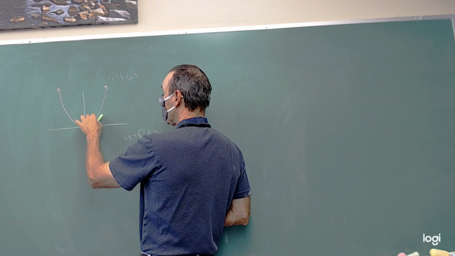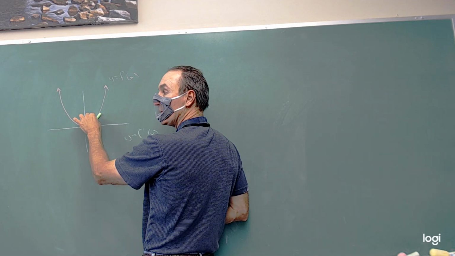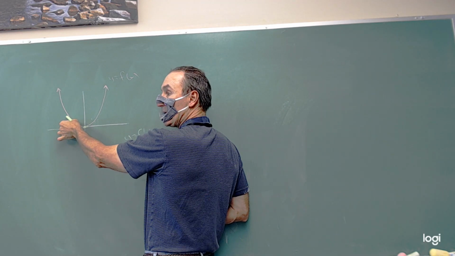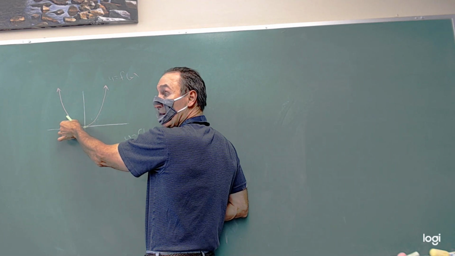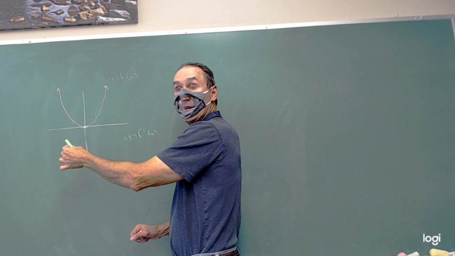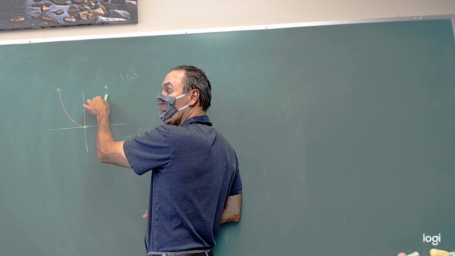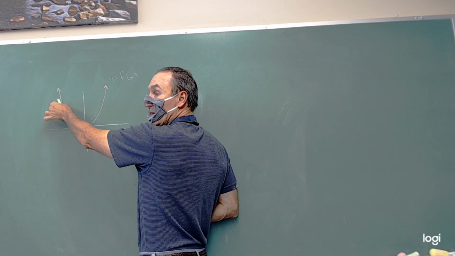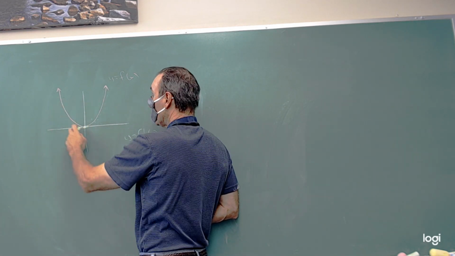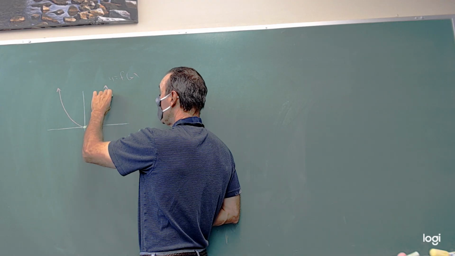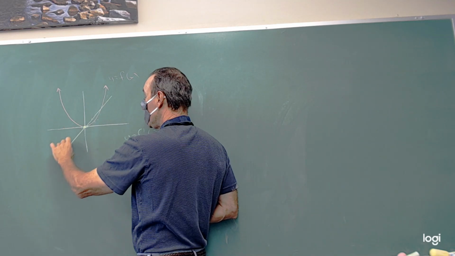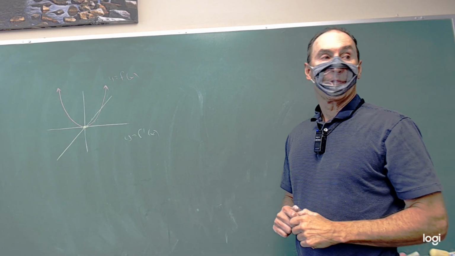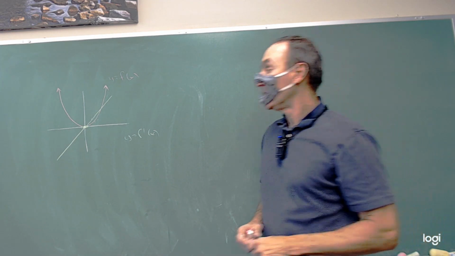But because of the symmetry, whatever positive value this has on the right side, this is going to be that same value but negative on the left. Does that make sense? And likewise, whatever slope that is here, the slope is going to be the same here, except it's going to be negative. So whatever this is doing, we're mirroring that on the negative side, which is going to make it symmetric in the origin.